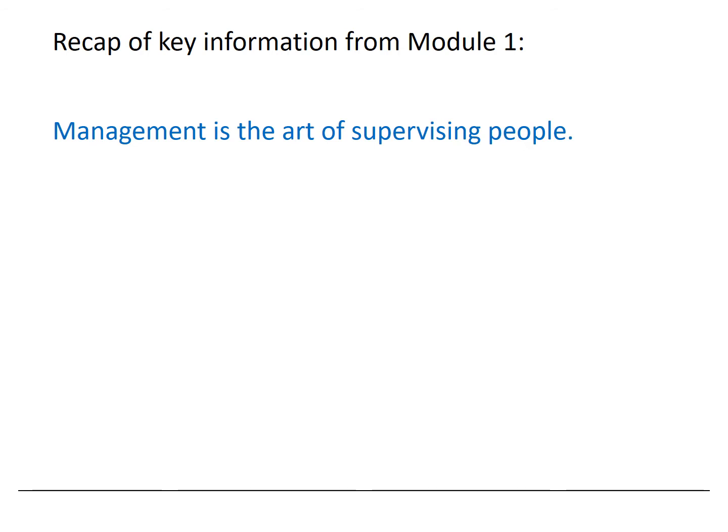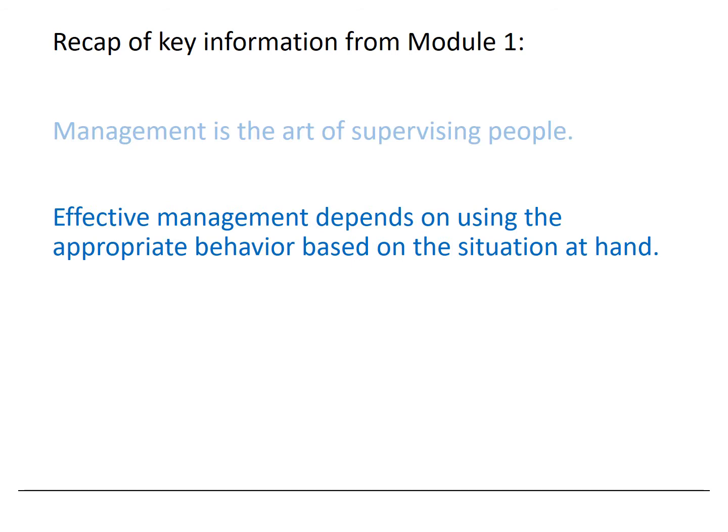Before we get into the substance of Module 2, let's do a quick recap of the key lessons from Module 1. First, we established that management is the art of supervising people. Second, we learned that effective management is dependent on using the most appropriate management behavior for the specific situation at hand.